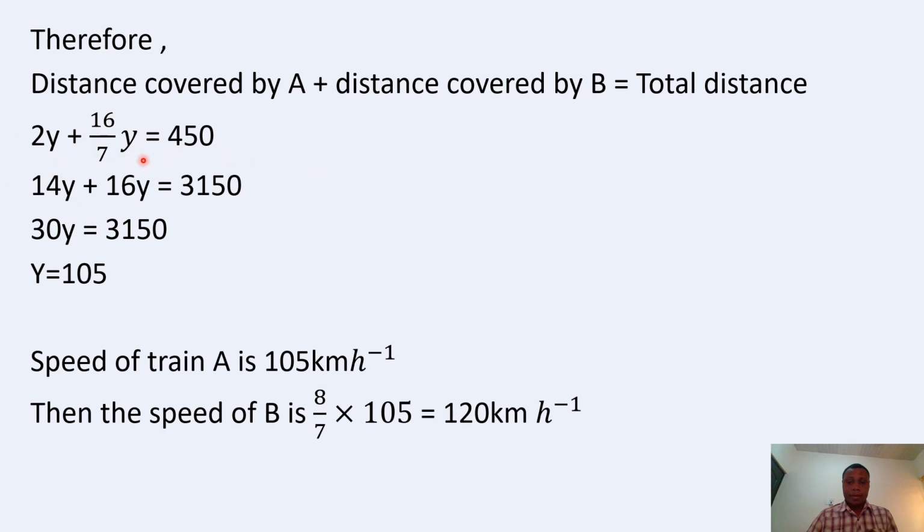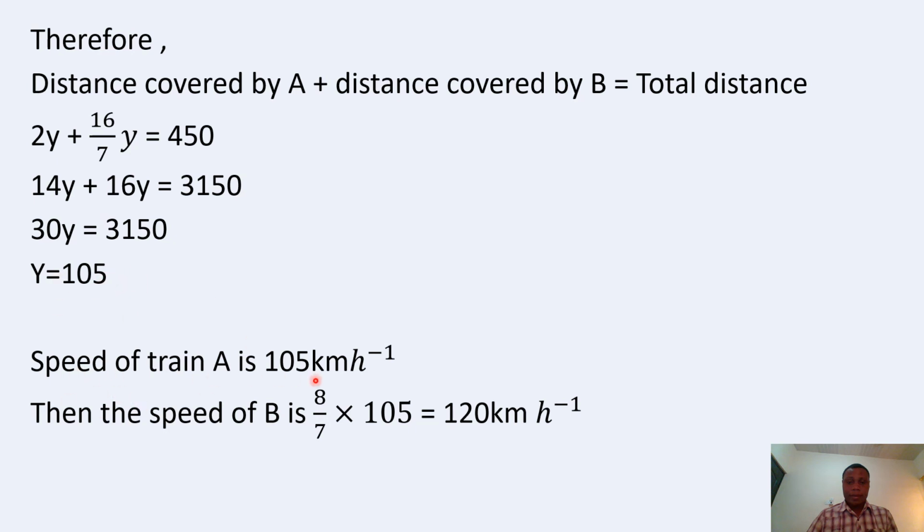We multiply through by 7, and that gives us 14y plus 16y equals 3150. 14y plus 16y gives us 30y, which is equal to 3150. We divide both sides by 30, and that gives us y equals 105.